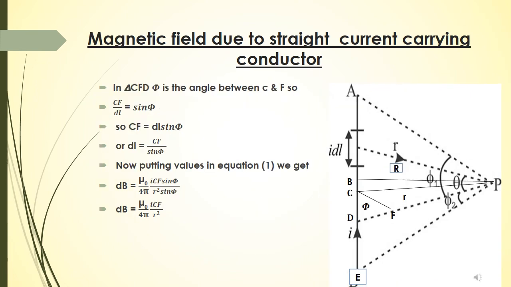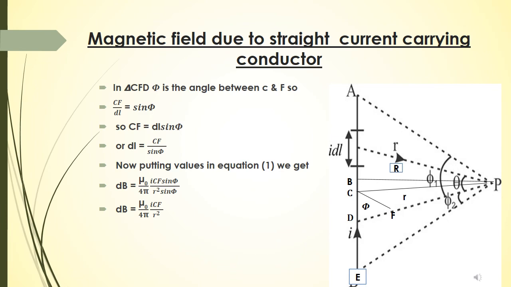Now phi is the angle between C and F. So how much is CF? CF upon dl equals sin phi. So CF equals dl sin phi, or dl equals CF upon sin phi. This is the value of dl which we replace in the above equation of Biot-Savart's law.